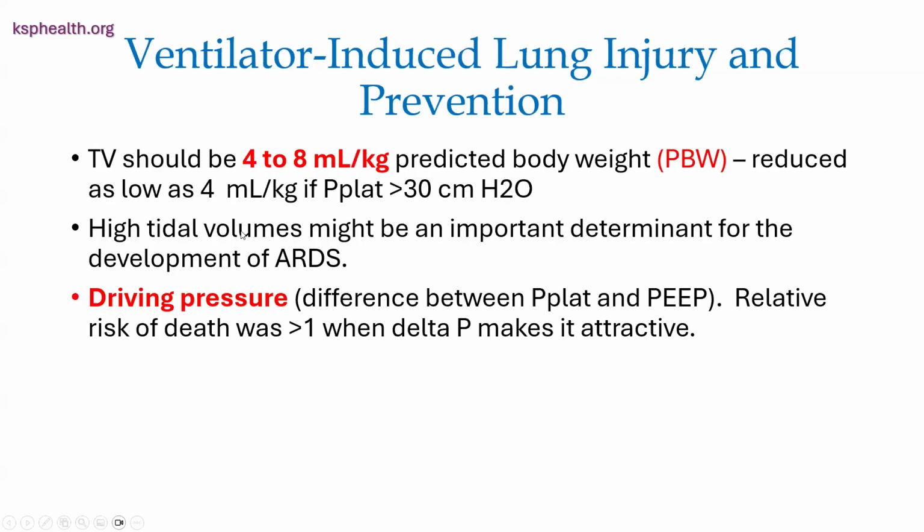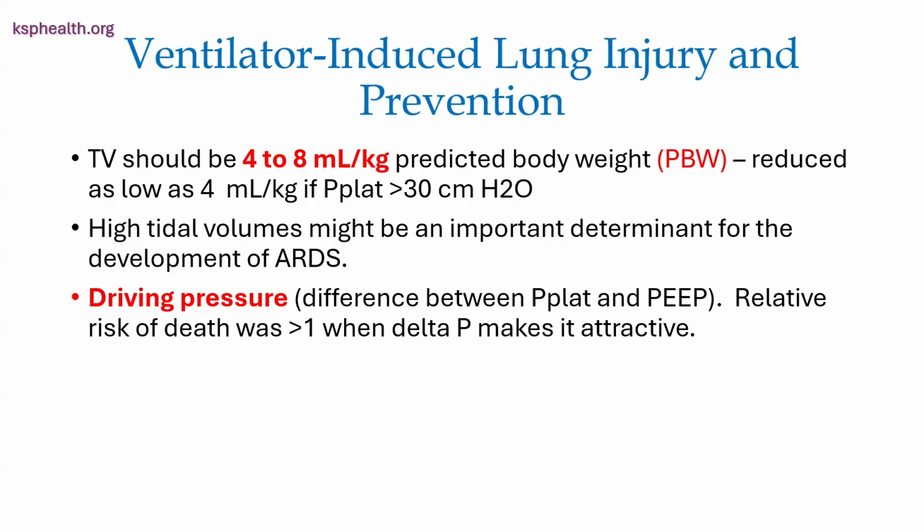Another important parameter or variable identified in 2015 and later is called driving pressure. What is driving pressure? The difference between plateau pressure and the PEEP. It has to be below 15. It is a single variable that determines the mortality in patients with ARDS, the driving pressure.